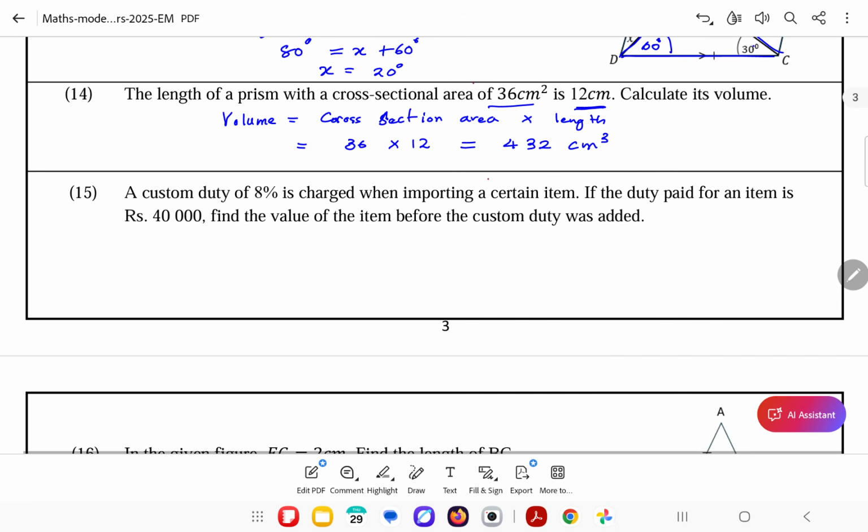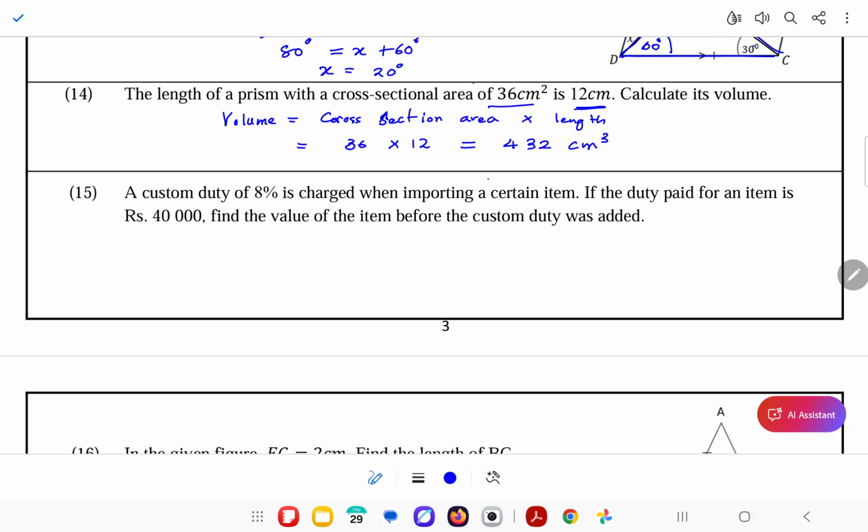Okay, next one is what? Custom duty of 8% is charged when importing a certain item. If the duty paid for an item is 40,000, find the value of the item before the custom duty was added, right? So this is the amount that is paid as duty.